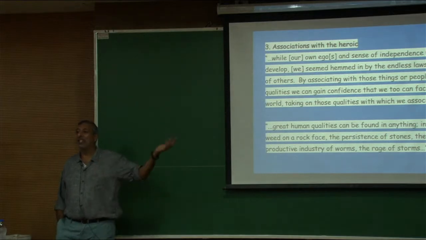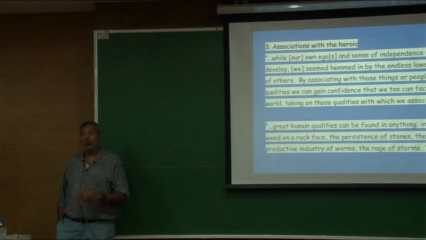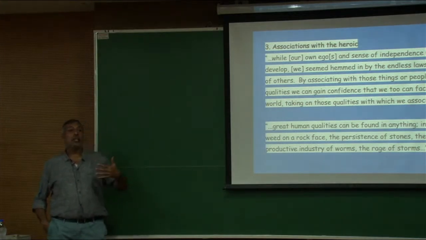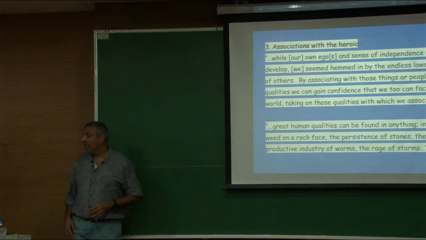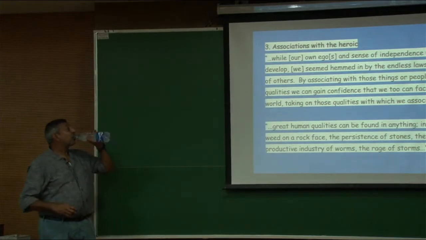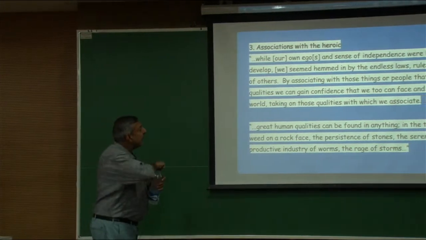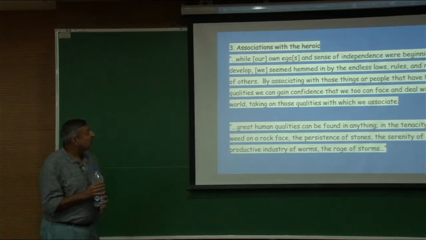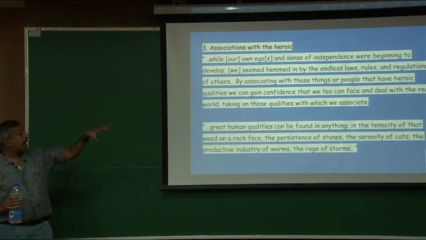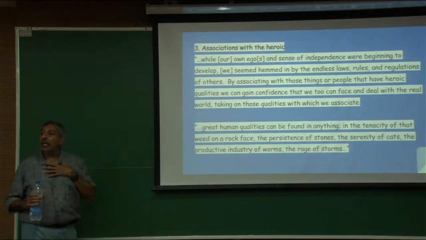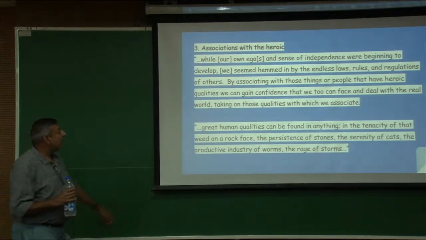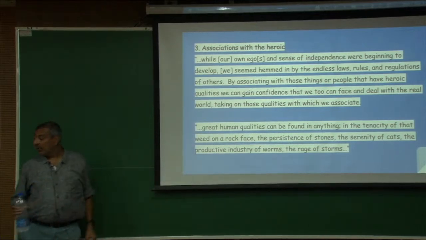Maybe they're not the same one that you had when you were a teenager, but you probably still look up to certain people, because they represent someone who's been able to get beyond certain things that maybe you would like to get beyond. And that seems to work because by associating with people like that, we ourselves gain confidence that we can deal with the world.